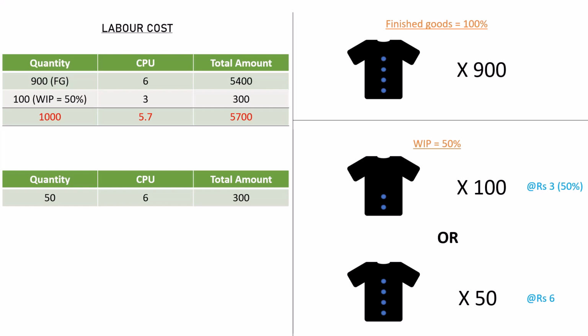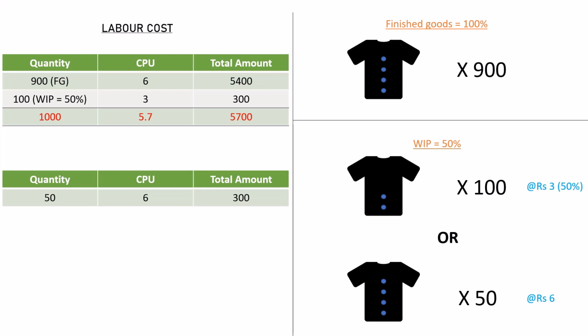Same goes for accounting. Even when it comes to cost, for a complete shirt, we have the cost per unit of 6 rupees. But for an incomplete shirt, it would become hard to account for cost. For 50%, we know cost per unit will be rupees 3. But what about for 10% or 30% or 70%? So it becomes easier to account for complete goods.